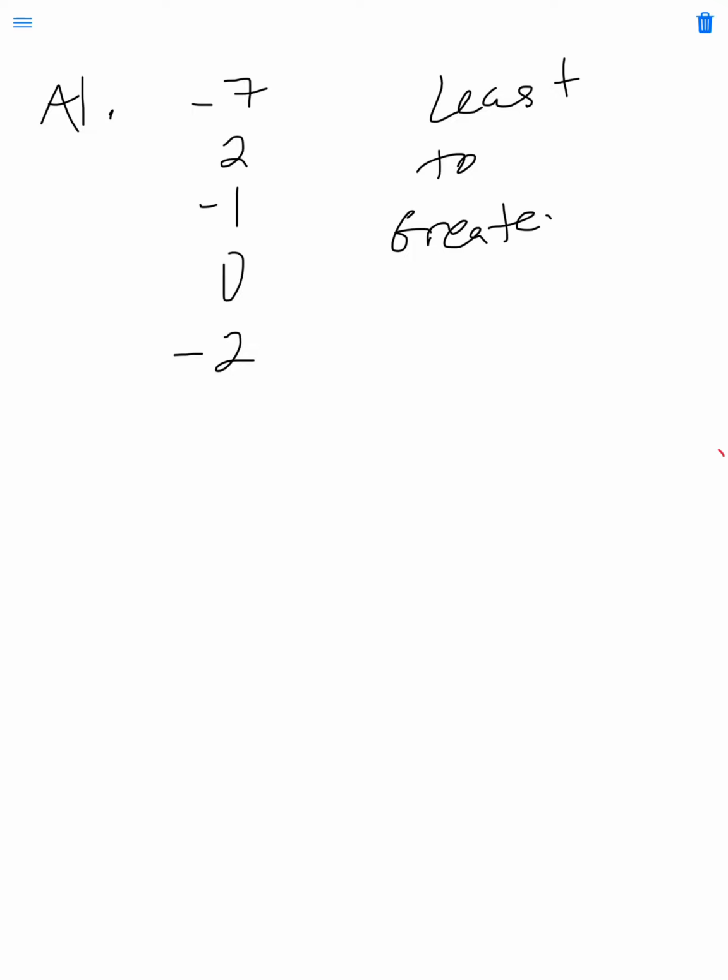We have to put the numbers in order from least to greatest. A1. So the numbers I gave you were -7, 2, -1, 0, and -2. So you put them in order from least to greatest. So I put a number line, 0, -10, and 10.